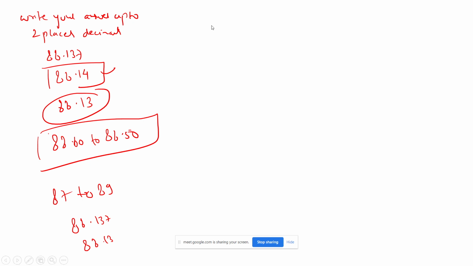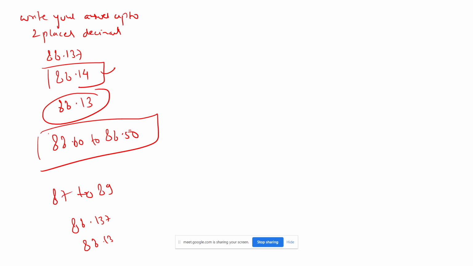Only the manner of telling the name is different. Because if they mention in the problem, assume perfect gas, then they are asking you to take the value of Cp as 1.005 and Cv as 0.718.